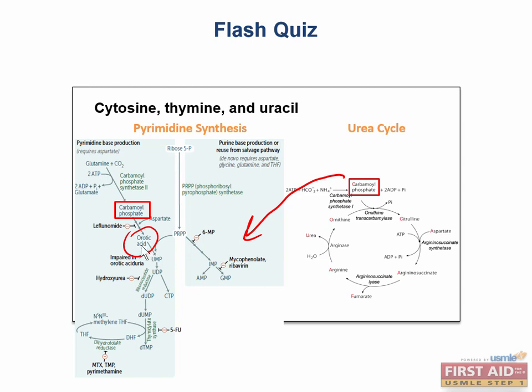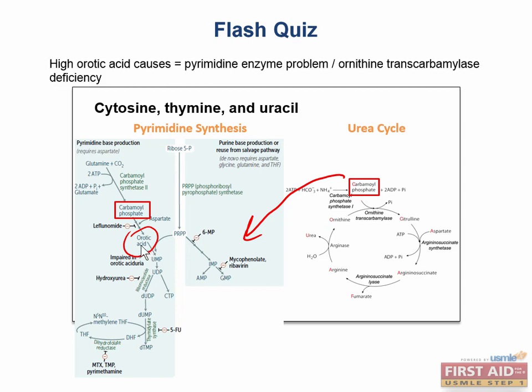You'll also see a high orotic acid buildup in the urine in orotic aciduria, which is caused by a defect in one of the enzymes that converts orotic acid into UMP. But do you remember, how can you differentiate between an ornithine transcarbamylase deficiency and orotic aciduria? Well, orotic aciduria will not have hyperammonemia since you can still break down the ammonia just fine.